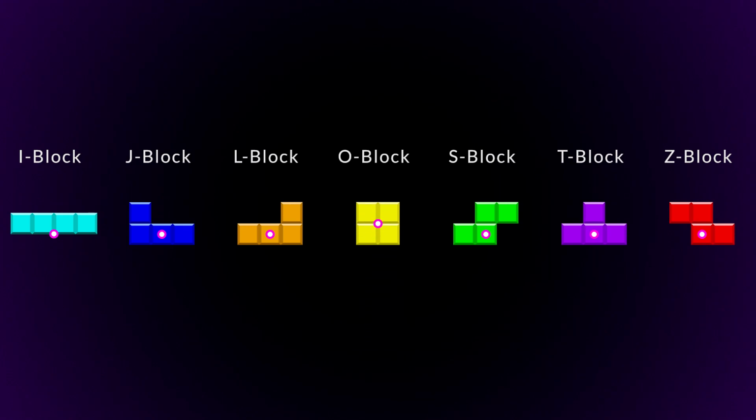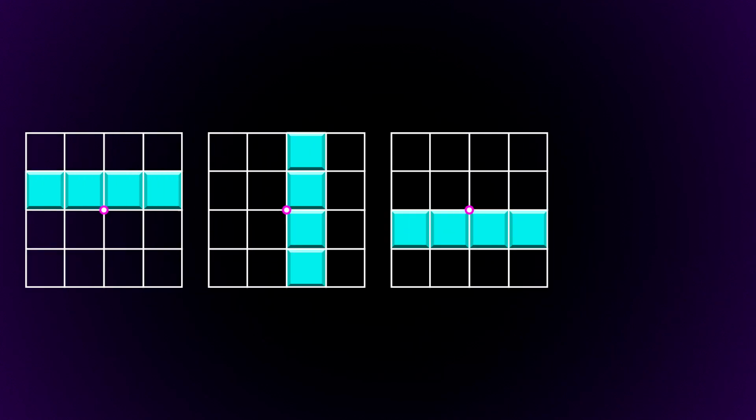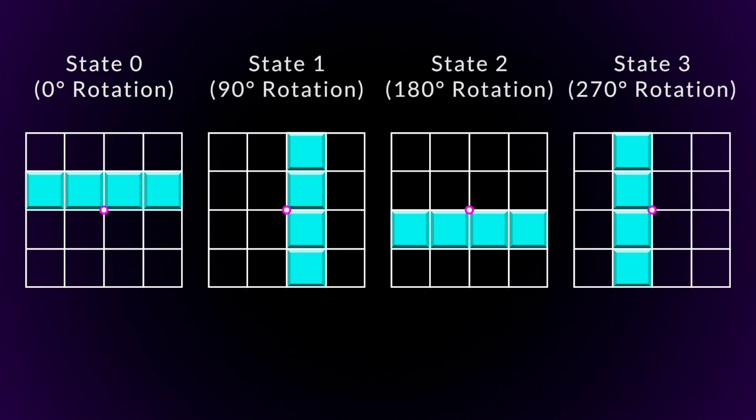There are many ways to represent the blocks, but here is how we will do it. Imagine that there is a bounding box or grid surrounding each block. This grid is just large enough to fit the block in all 4 rotation states. We define the top left cell to be the origin at row 0 and column 0, exactly like we did for the GameGrid. For each of the 4 rotation states, we will simply store the occupied positions in this bounding grid.